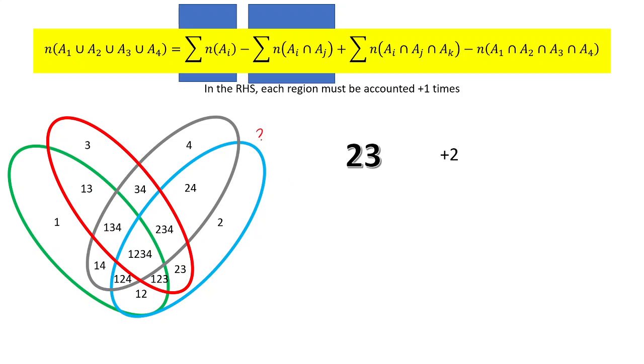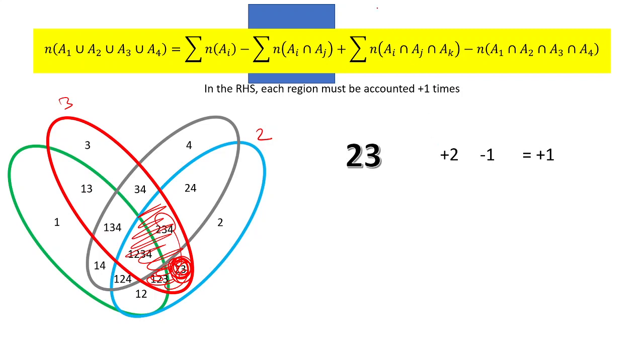So this is your second set, this is your third set, and their intersection, where is their intersection? Here. In that there is 2, 3. So that 2, 3 will be subtracted once also, and this will give you a final sum of 1, because in the later levels, 2, 3 won't be encountered, because 2, 3 is only in sets 2 and 3, and in the later sections you are accounting for intersection of more sets.